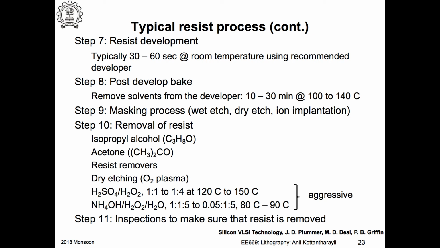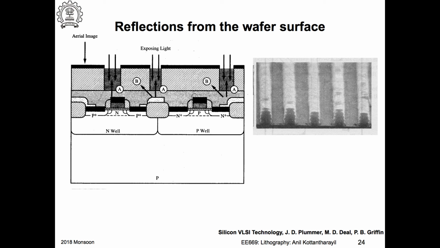But near these edges, part of this can be exposed by the reflected light. So that is the first problem. This means that the feature that you want to etch is only this, but it might get broader because of reflections. So one of the things that is done in this case is what you call anti-reflective coatings. You deposit an anti-reflective coating on the wafer surface so that you reduce the reflections.